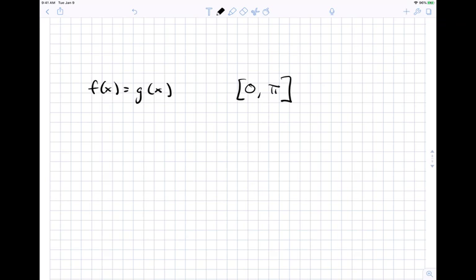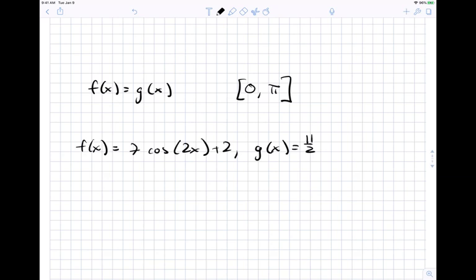Okay, so let's do it really quickly. f of x is 7 cosine of 2x plus 2, and g of x is 11 over 2. It says to graph this on the same plane, and solve f of x equal to g of x on 0 to pi.